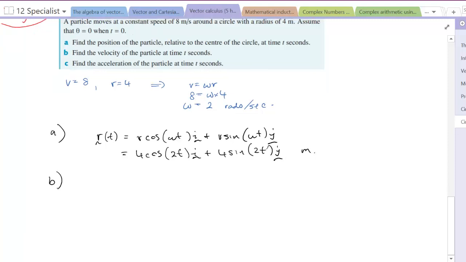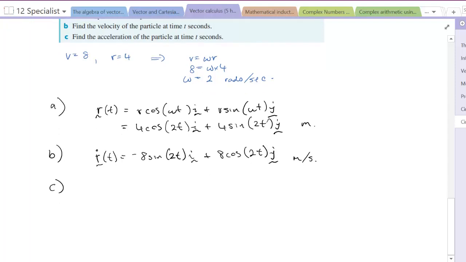Part B, find the velocity of the particle at time t seconds. So the velocity function will be the derivative, which means the derivative of 4 cos 2t, which will be -8 sine 2t in the i direction, and the derivative of 4 sine 2t, which will be 8 cos 2t in the j direction. And so that function is in meters per second.